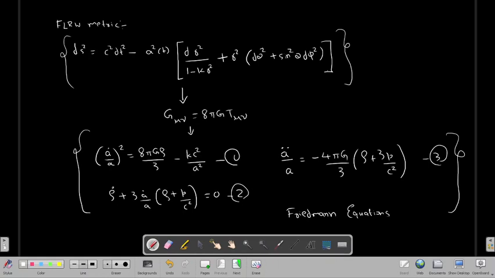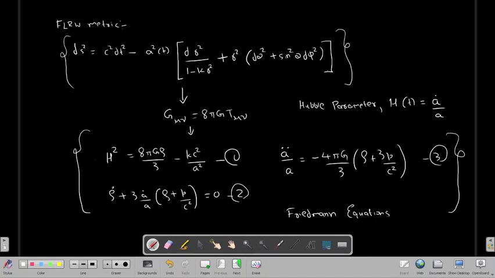There is a general definition of the Hubble parameter. The Hubble parameter H, which is a function of time, is basically defined as a dot by a. So you can see that in equation number 1 I can replace my LHS with H squared.